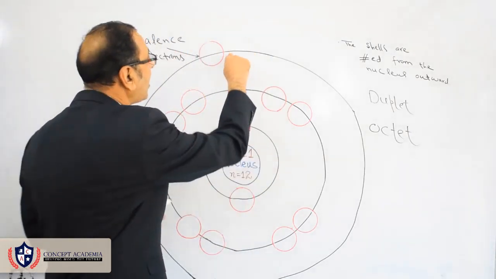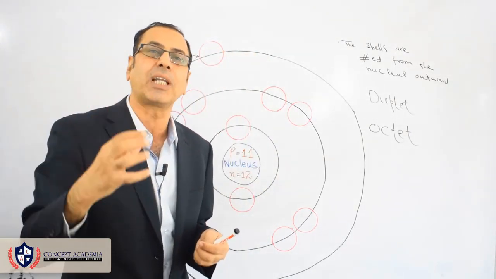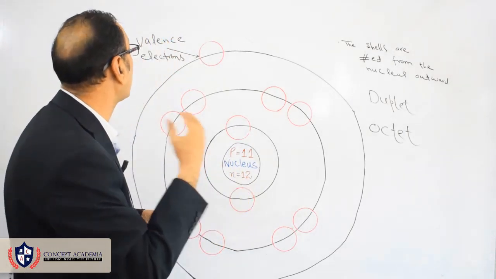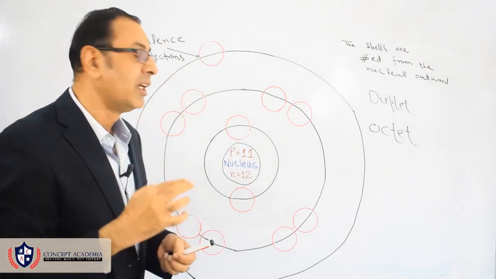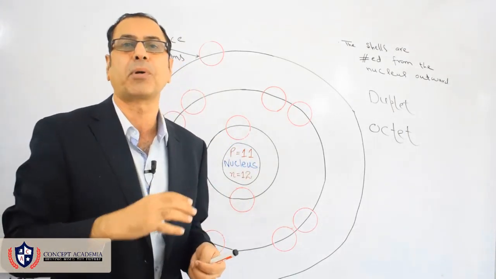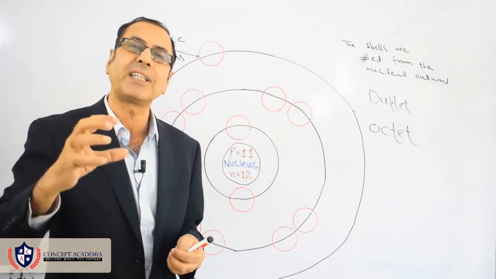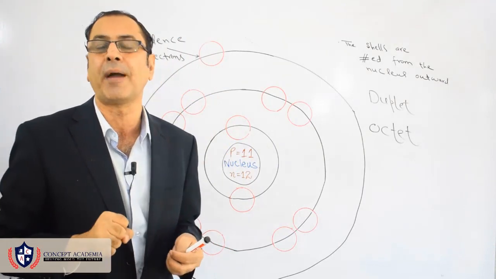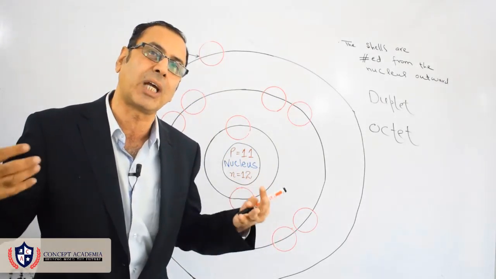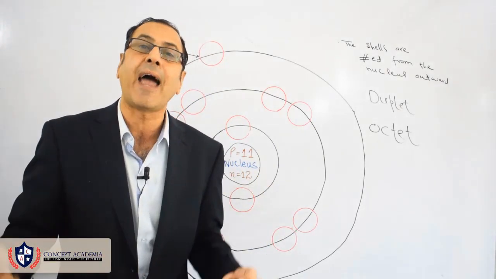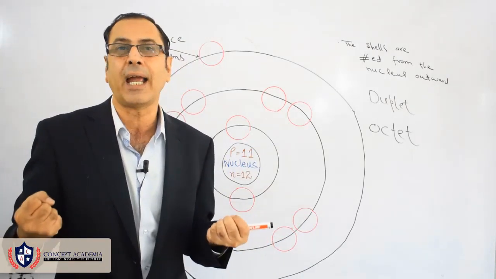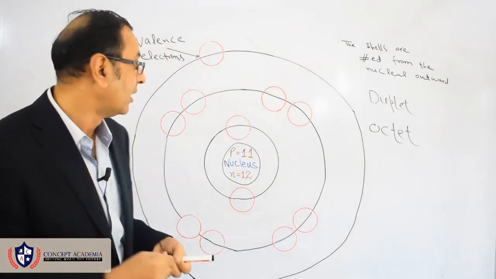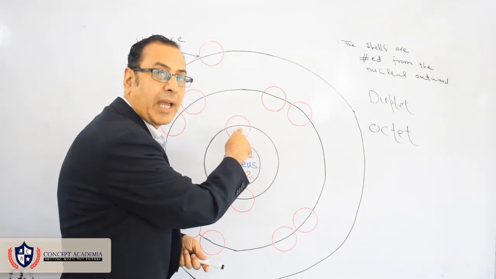But if we go to the last shell electrons, which are also called valence electrons, they are far away from the proton, and the proton has the least force of attraction and the least control on them. Therefore the last shell electrons, the valence electrons, have maximum energy, and that is the reason this is called an energy level.